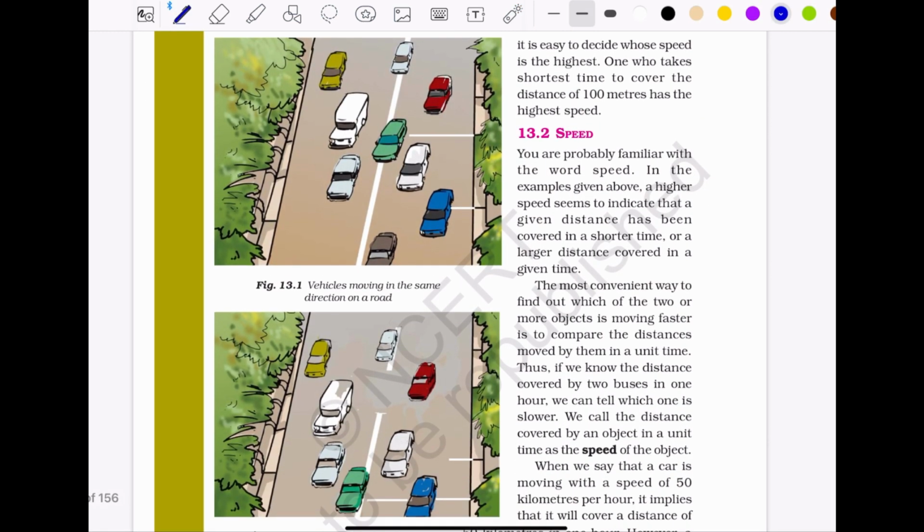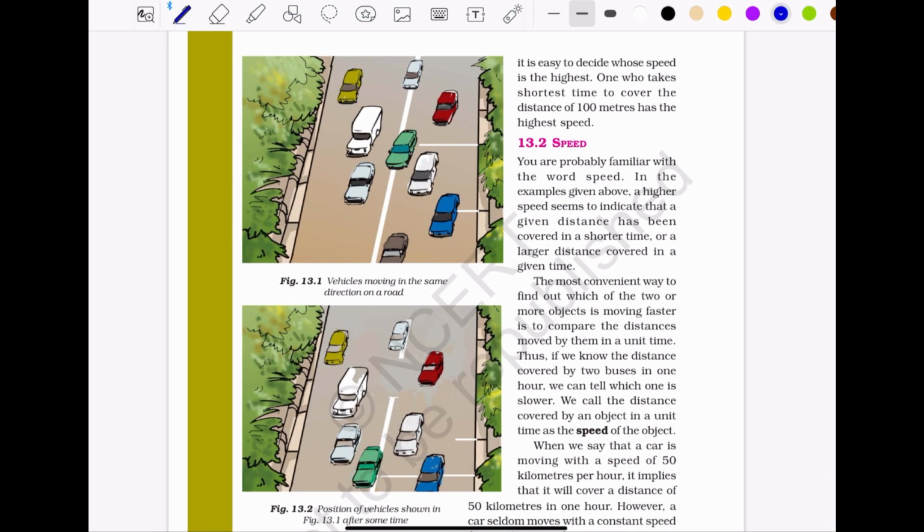If we compare these two images, after some time, this car, this car, they are moving very slow.